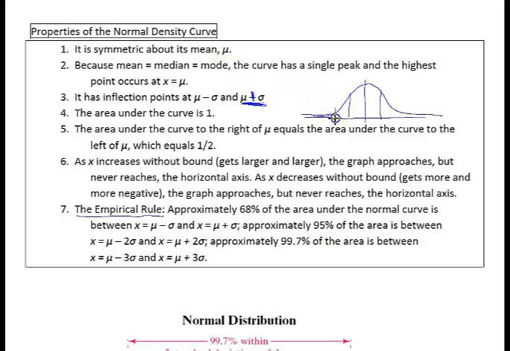And then there's 95% within 2 standard deviations, which was actually on our last test. And then there's 99.7%. All these numbers are on your fold-out thing.